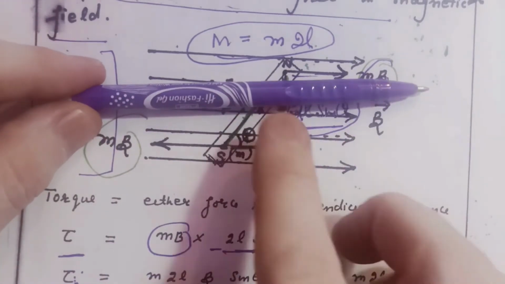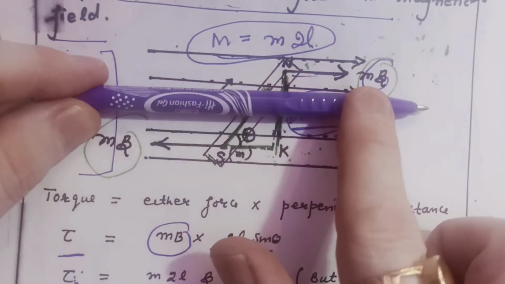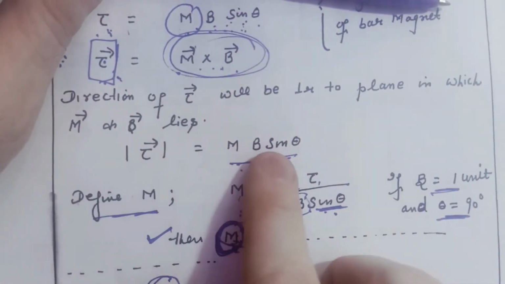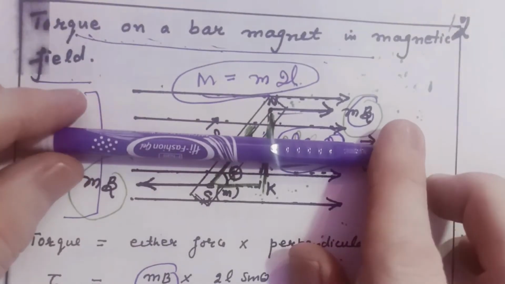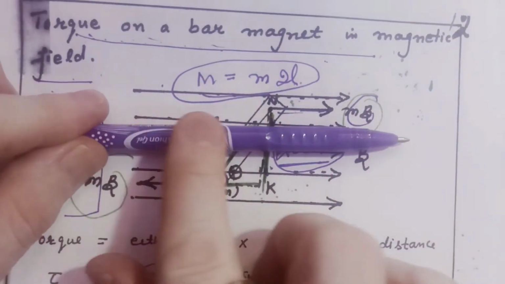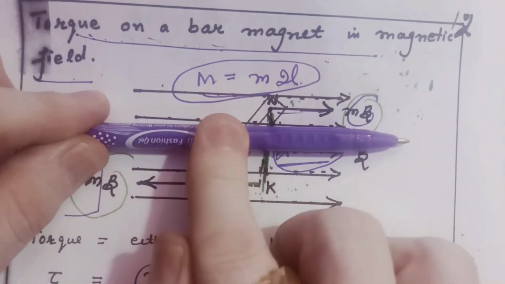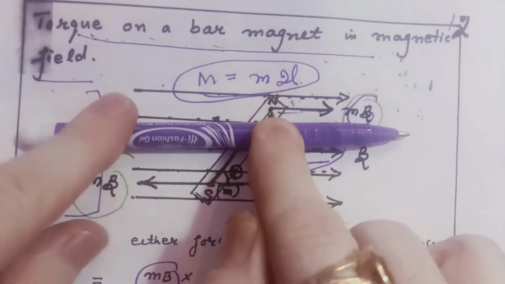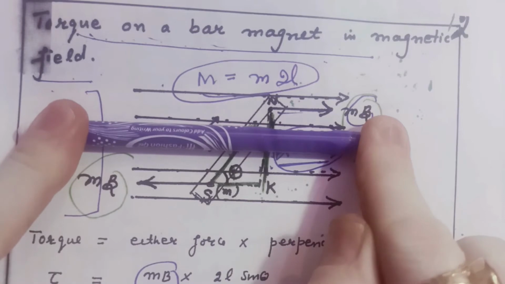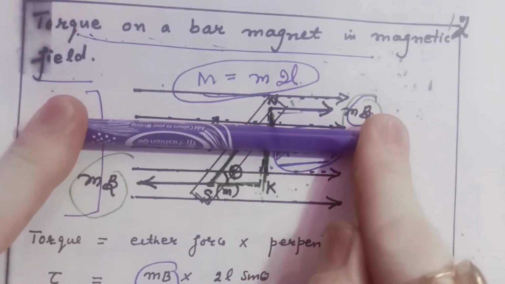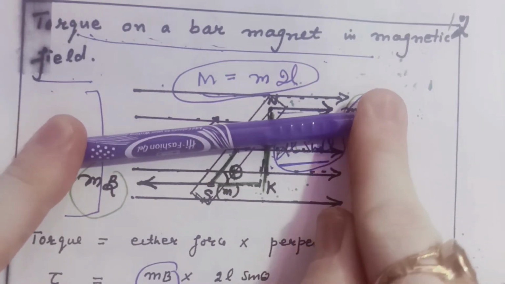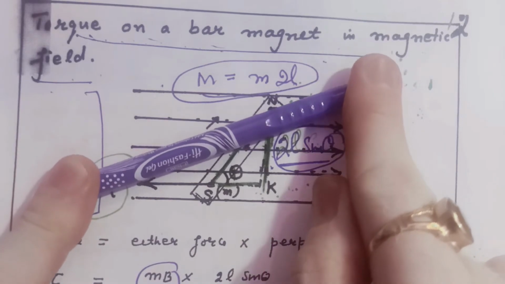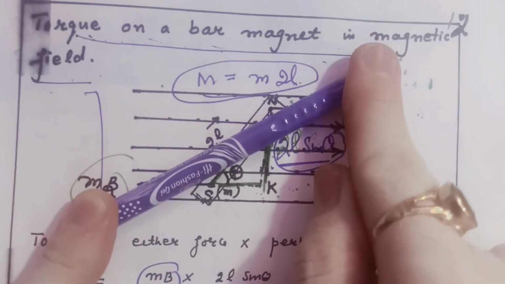Moreover, there is no perpendicular distance, so no torque, because theta equals 0. But forces will be there in this position. In this position torque is 0, but forces are still there. Don't say forces are 0. Forces are there, but torque is 0. Now the torque starts acting. It is increasing, forces are still the same.